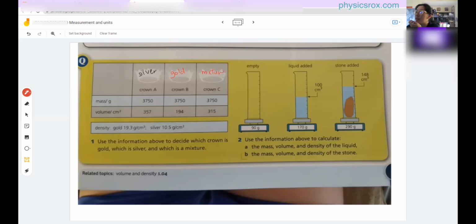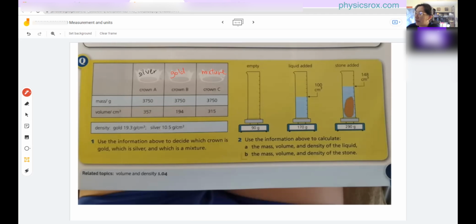How did you get the answer? Can you just let me know how you managed to get the answer? You divide the mass with volume, right? So you must divide the mass with volume and then you compare to these numbers. Then you check. Okay, so you managed to get that A is actually 10.5 something.